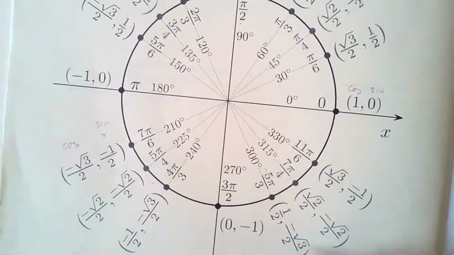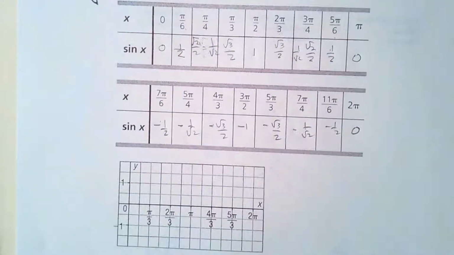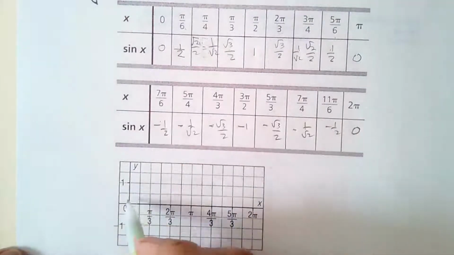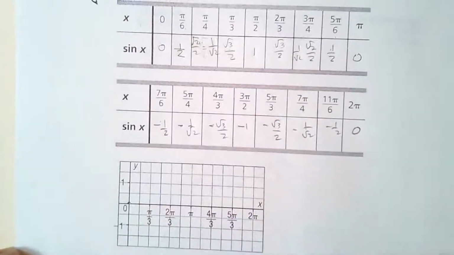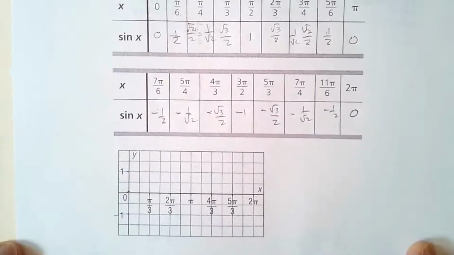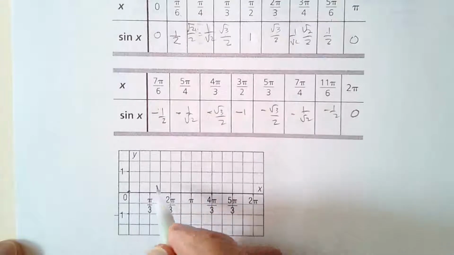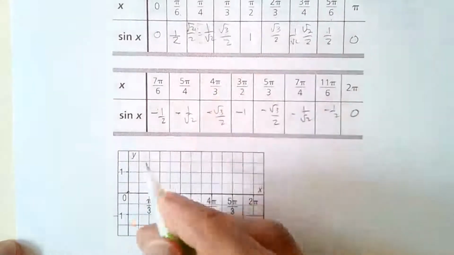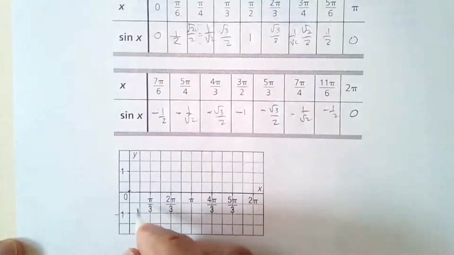Now I'm just transferring it from here. Okay, so you see in the circle. Now we are going to graph it. So x is 0. So first point here, pi over 3 is approximately, now we have half a pi.